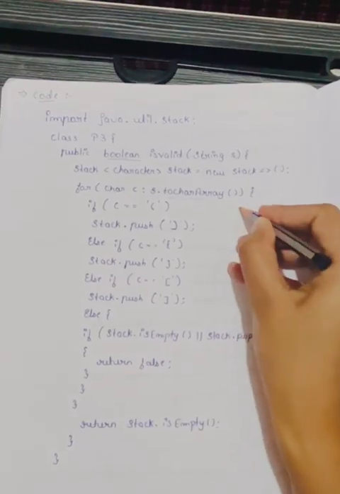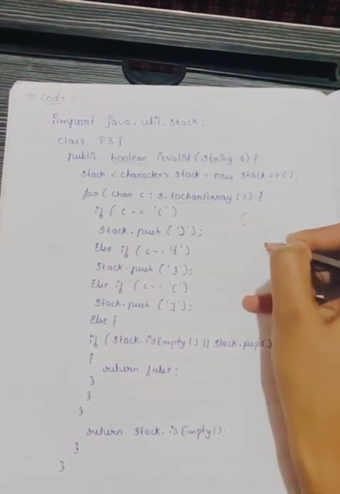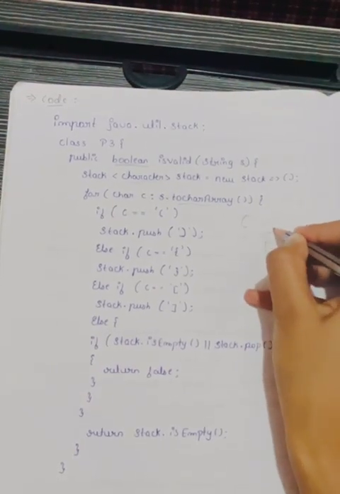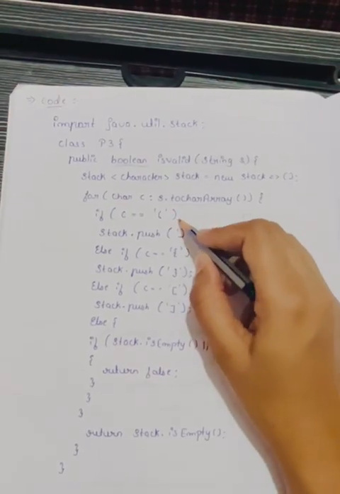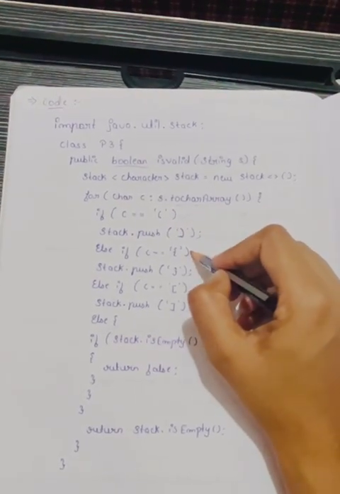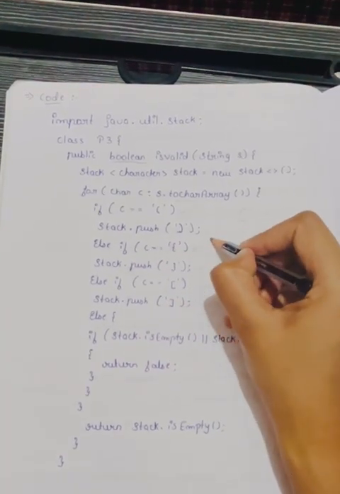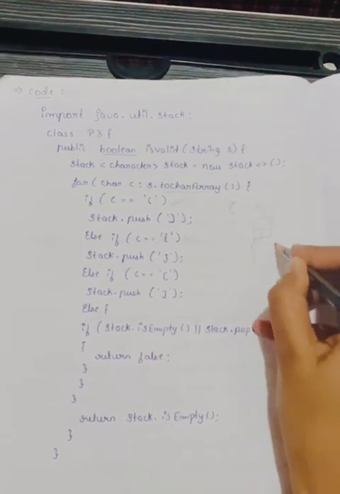If I encounter the opening parenthesis, then I'll push the corresponding closing parenthesis into my stack. Otherwise, if I do not encounter this type of parenthesis, then I'll again check with an if condition, that is c equal to curly brace. If this matches, then I'll push the corresponding closing brace to the stack.